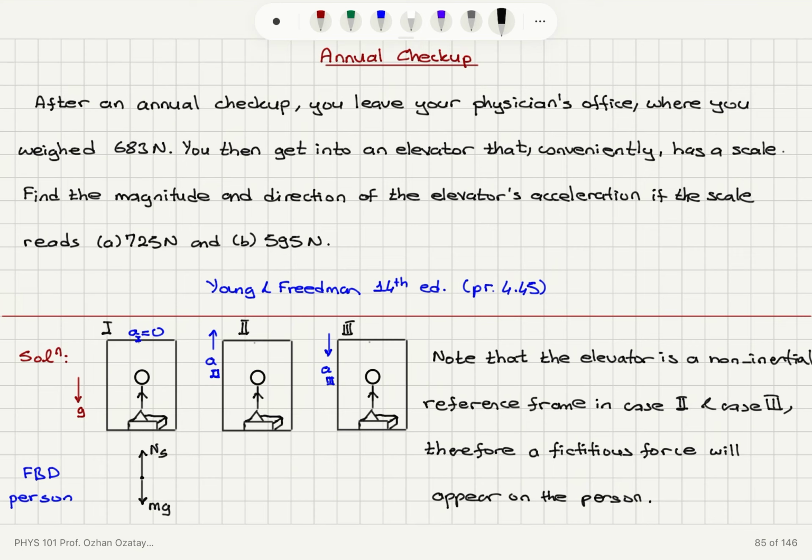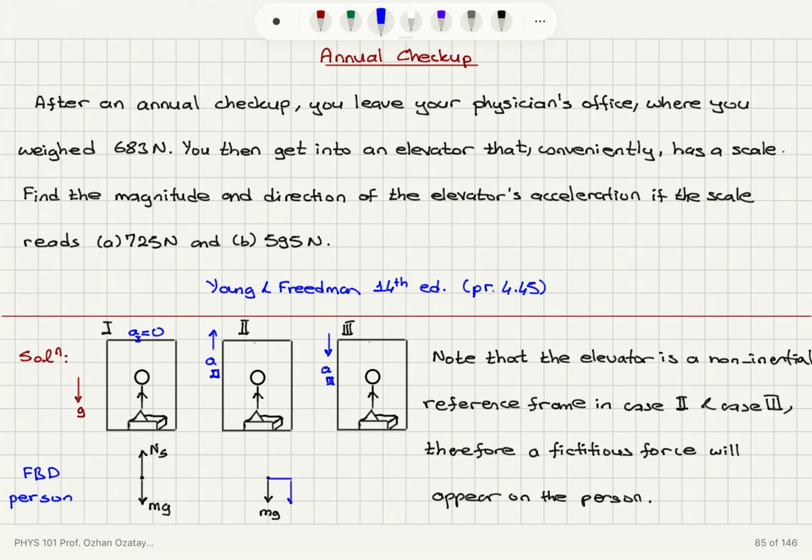Now in situation 2, we still have the same forces, the weight of the person, mg. And in this situation, since the elevator is accelerating upward, a fictitious force will appear downward.